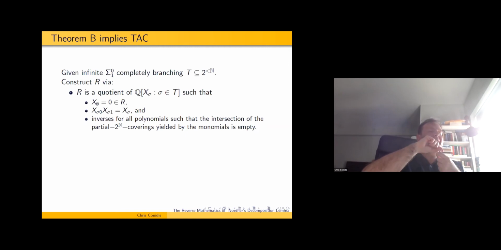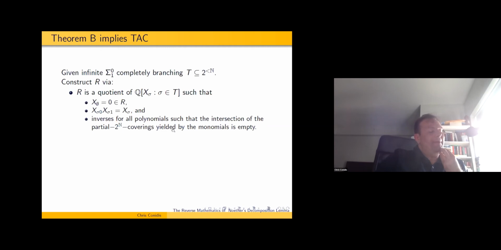That basically means that for any element of Cantor space, you can find a monomial summand of your polynomial that doesn't cover that element.